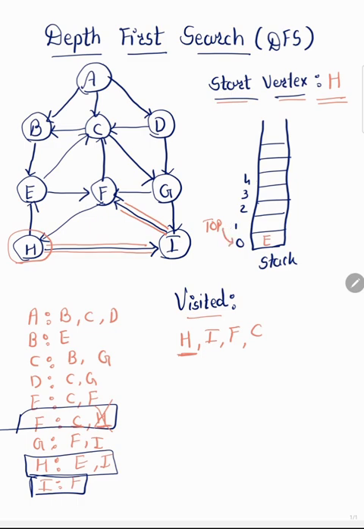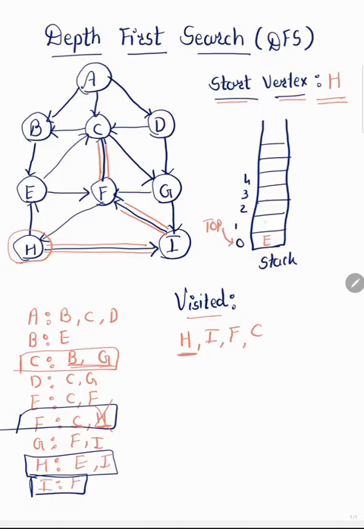Here I'm going from F towards C. Now I need to go for the adjacent of C. The adjacent of C is B and G. Again you check, is B available in visited? No. Is G available in visited? No. So you need to push both of these elements to the stack.